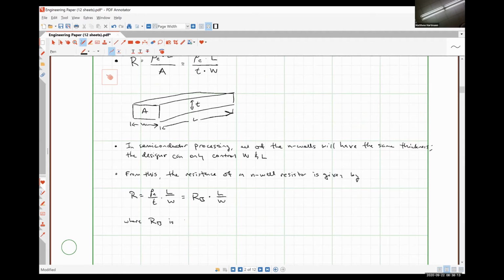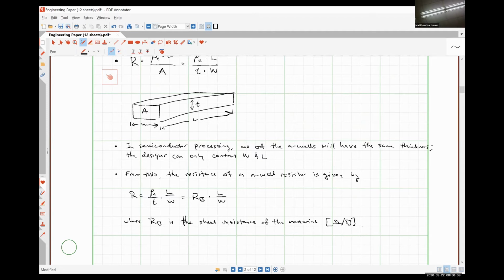And R square is what's more commonly known as the sheet resistance, and it has units of ohms per square.